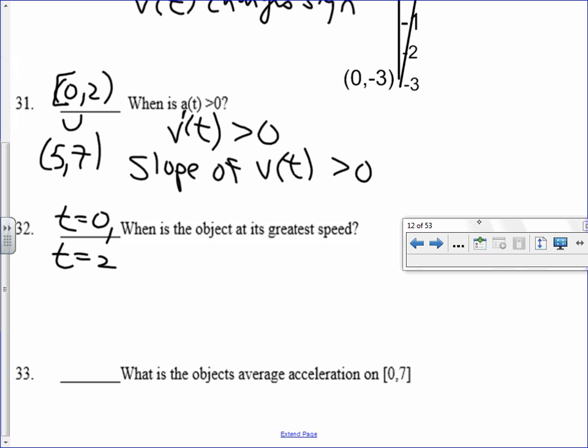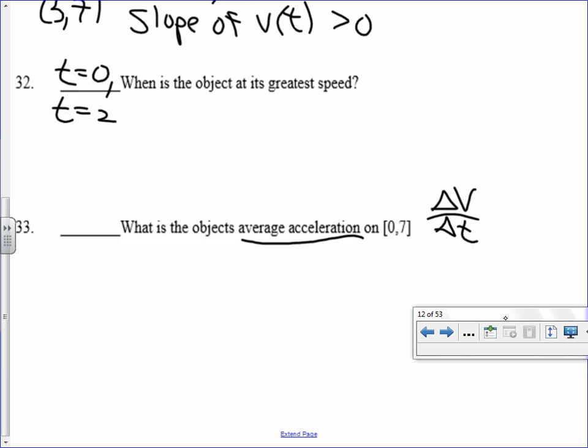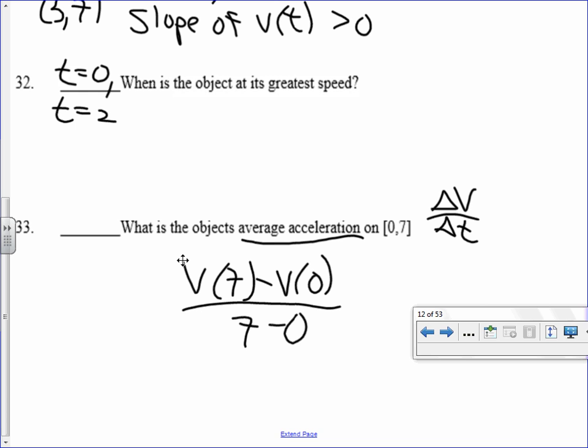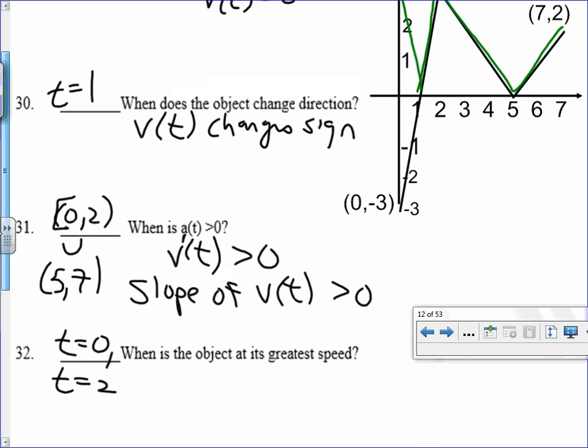Okay, what is the average acceleration? Use those deltas. Average acceleration is change of velocity over change in time. So we're going to take the velocity at time 7 minus the velocity at time 0 and put it over the change in time. Velocity at time 7, if we read the graph, equals 2.